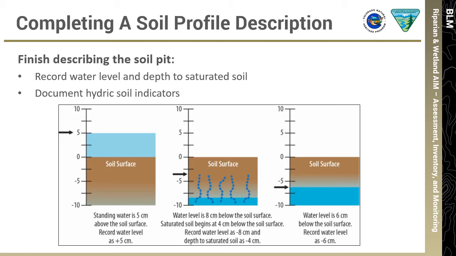Hydric soil indicators will be discussed in more detail in another training video, but you should follow guidance within the Natural Resources Conservation Service guidebook titled Field Indicators of Hydric Soils in the United States. You can also find shortened descriptions of these indicators in Appendix H of your protocol. In some cases, final hydric soil indicators may be determined after filling the pit if the profile description is complete and thorough.